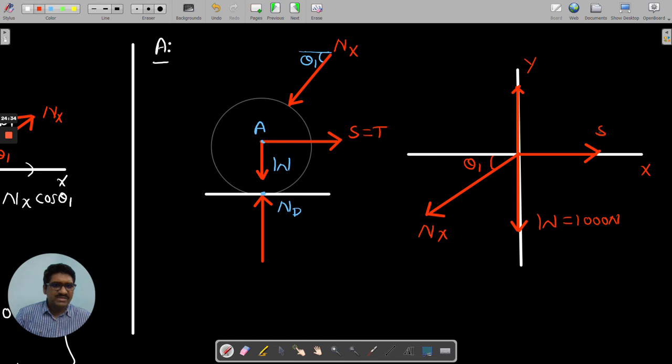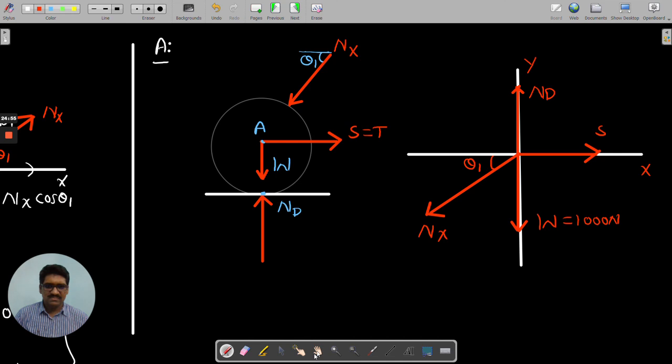This one is the tension force or the string force. Okay, remember all of you, tension force will always act away from the body only. We are considering this body, right? From this body, tension force will always act away only. That's it. Okay, and this becomes the reaction force at the point.